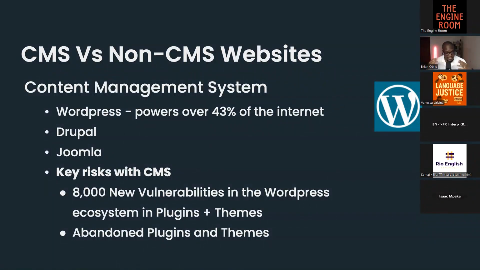Content management systems come with their own sets of risks. For example, last year, more than 8,000 new vulnerabilities surfaced in the WordPress ecosystem, between the plugins, the themes, and also the WordPress versions themselves. There's also been an issue in WordPress lately where developers are abandoning plugins and themes.